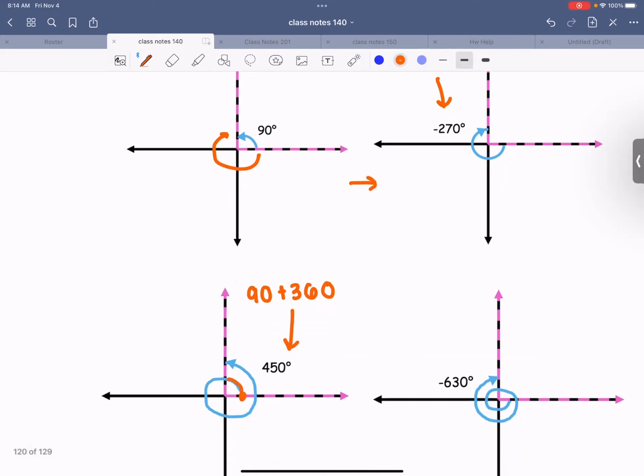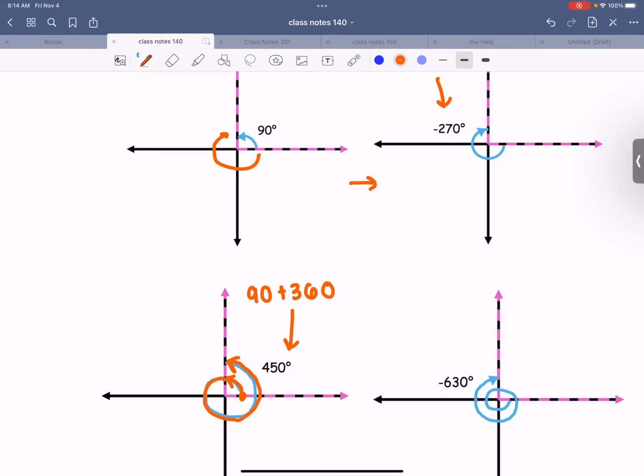We added 90 to get the original angle, and then I added 360 to get this angle. Now I know this angle doesn't look like an angle, it looks like a spiral, right? But 450 degrees is a valid angle and it represents just wrapping around.